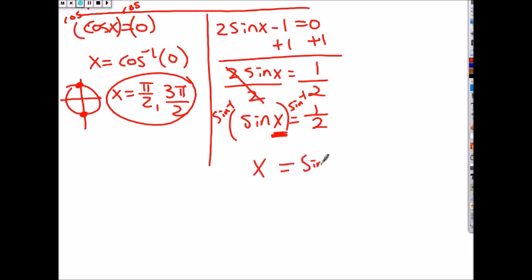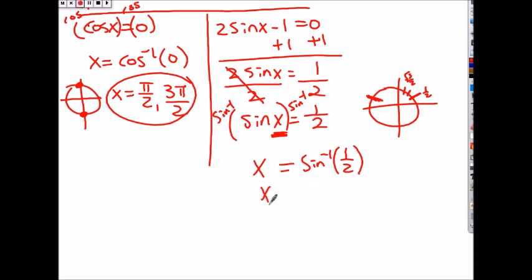So what is arc sine of 1/2, meaning when does sine become 1 over 2? Again, sine is the y, the smaller y. Here is y root 3 over 2. Here's 1 over 2, and this is root 2 over 2, right? So it's these two right here. So x equals pi over 6 and 5 pi over 6.